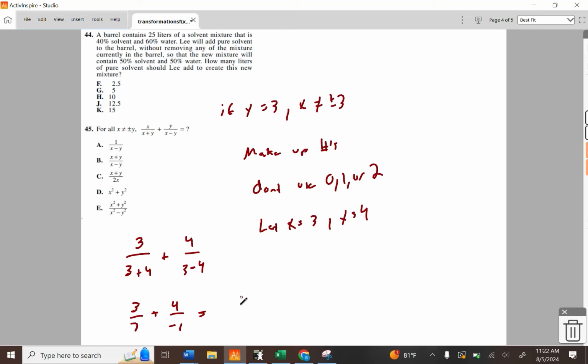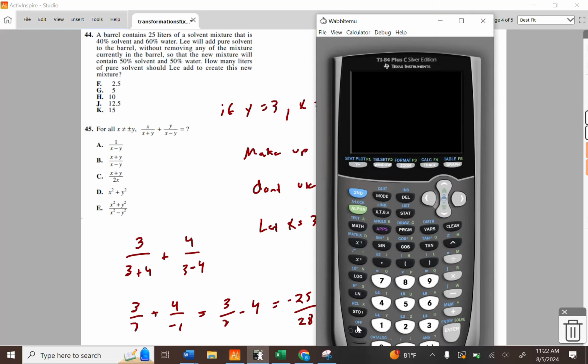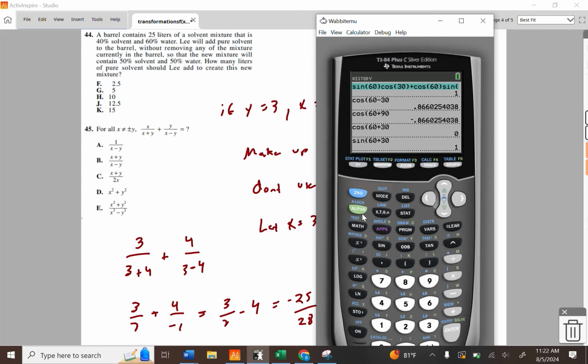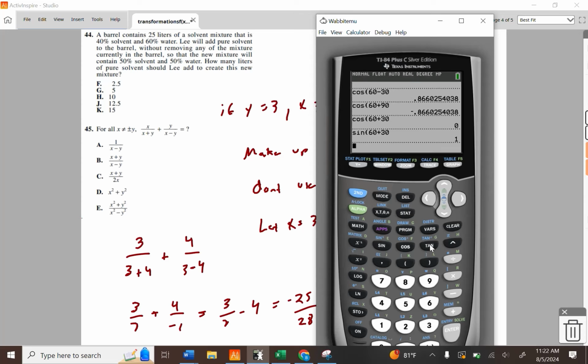So 3/7 minus 4, which, you know, I know you guys are probably pretty bad with math. I hate it for you. It should be -25/28. That seems right. But let's check myself here. I had 3 over 7 minus a 4.